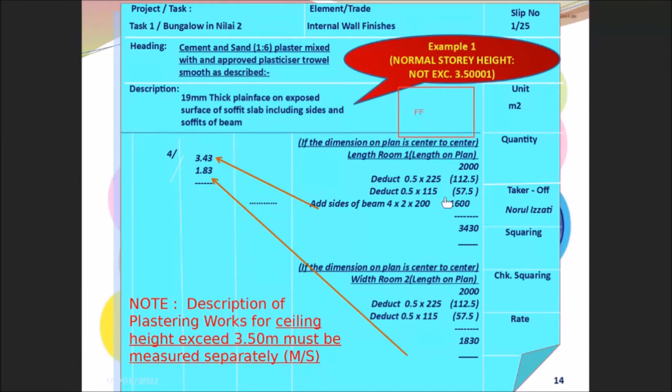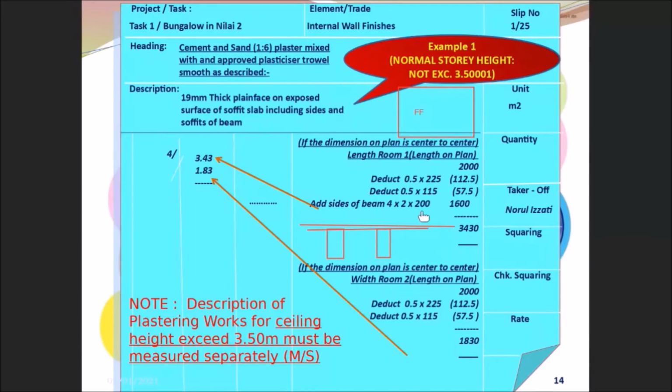But look at the last part, at sides of the beam. Let's say in this case, there are 4 numbers of sides of the beam. Let's say something like this. So this is your beam, and then this is the side of your ceiling. Sorry, here this line. So how many sides? 1, 2, 3, and 4.